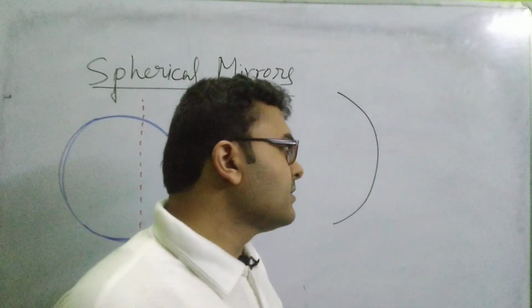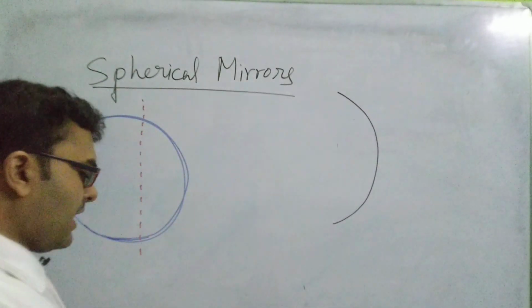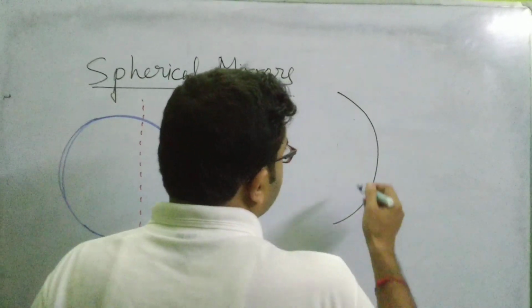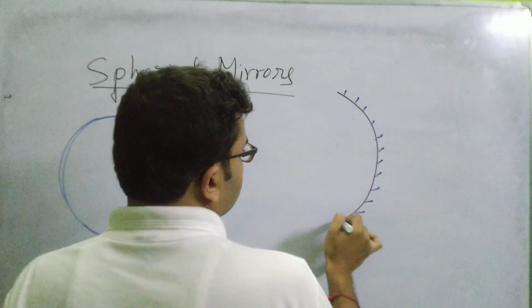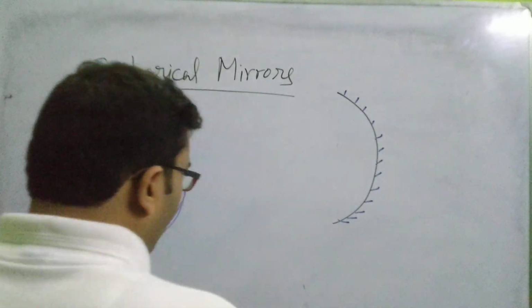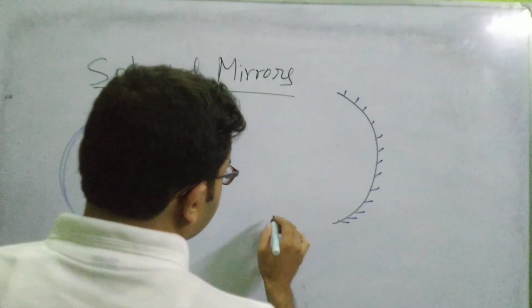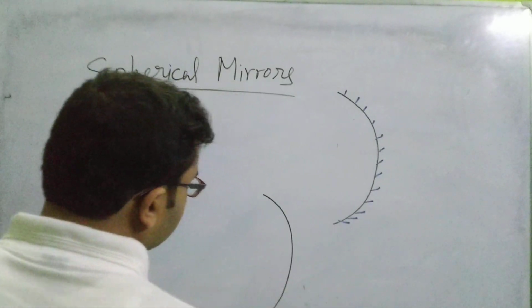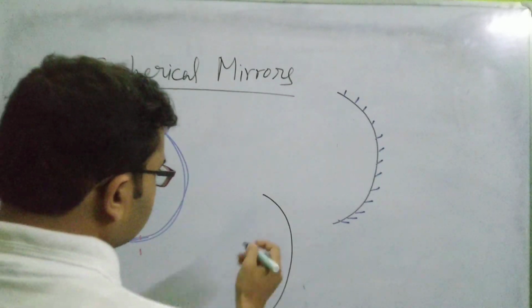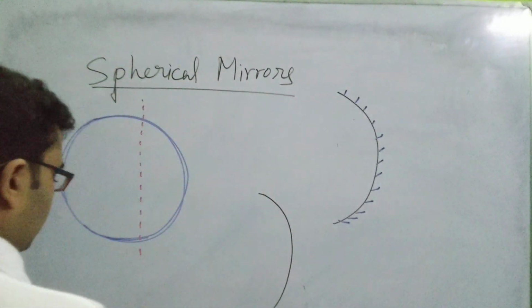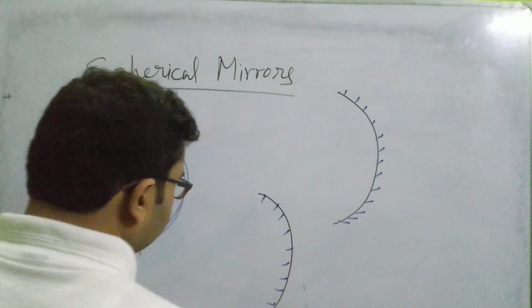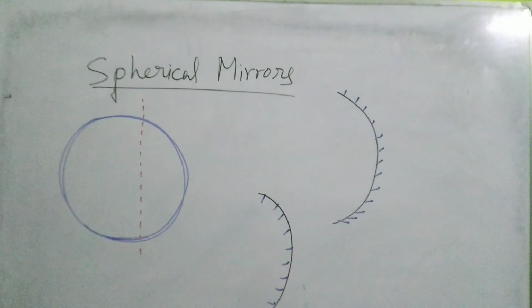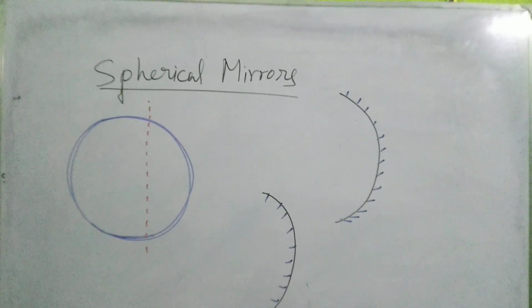In this case, if I consider there are two surfaces and any one surface is silvered, okay, like this, it can be done like this, or rather the other way around, we can also do it like this. So this is the part and we are actually silvering the inner surface. So both can be the case. Either you silver the outer surface or you silver the inner surface.